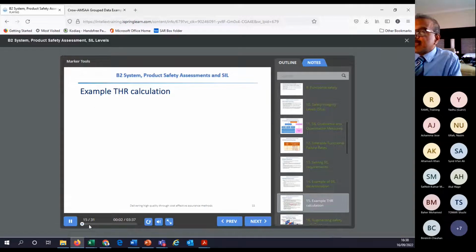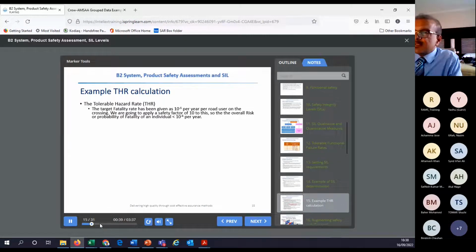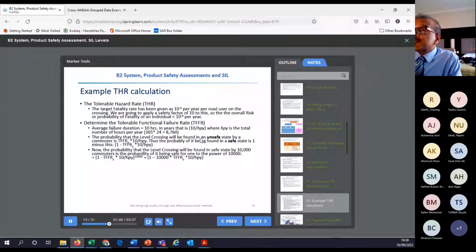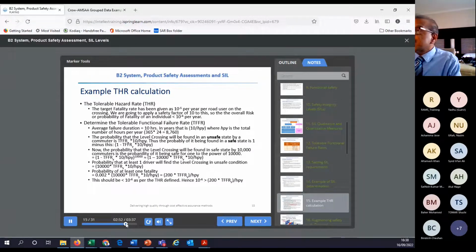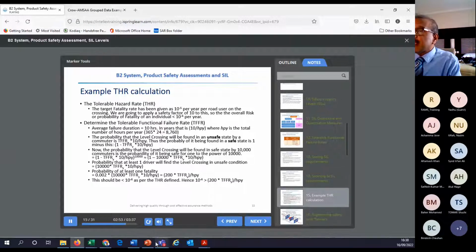Let's have a calculation. This is the calculation. Good safety practice is to demonstrate the tolerable hazard rate, but at the end of the day, you always need to consider practicality and cost. How you apportion to the tolerable rate for 10,000 kilometers. So that is the probability of a component being safe. For this particular component we calculate and come up with the TFFR finally.